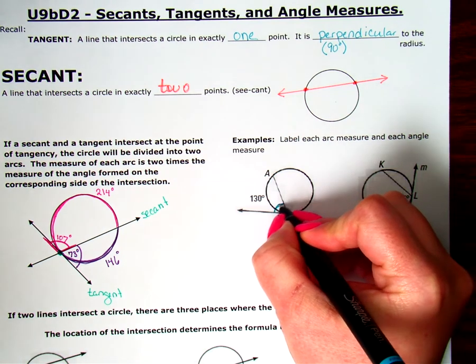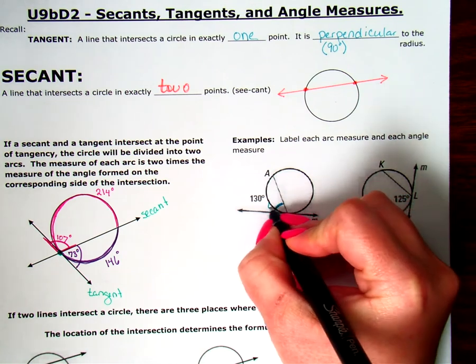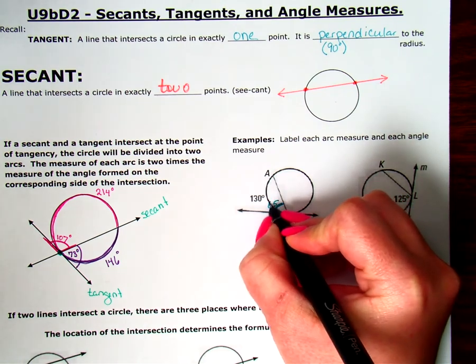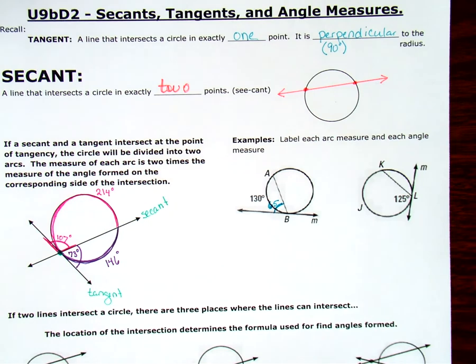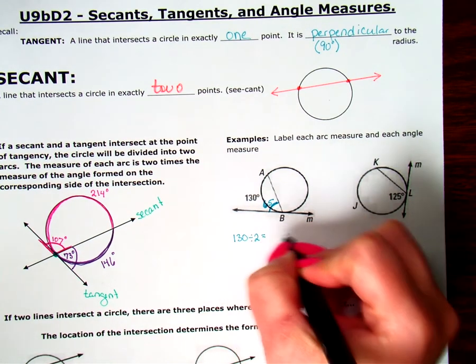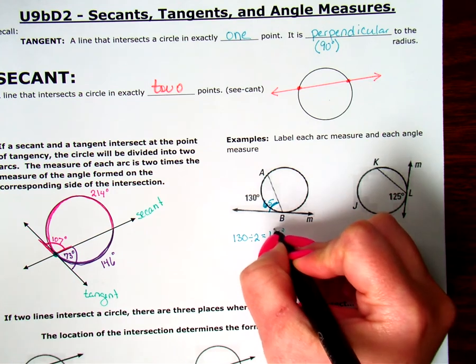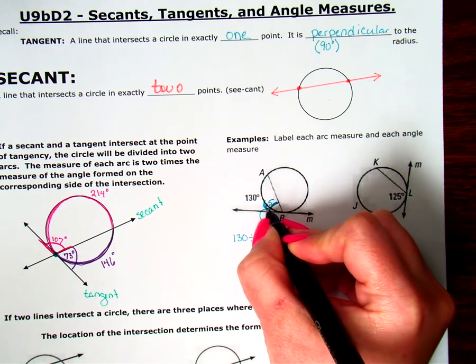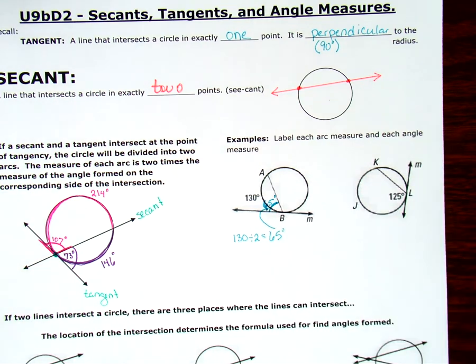So this angle in here is 65 degrees. And again, all I did was do my 130 divided by 2 to get that 65 degrees, which is this angle right here.